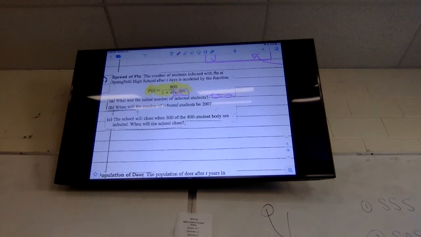So I can cross that out and think about my equation just being 800 divided by 1 plus 49, which is 800 divided by 50, which I believe is 16 students. So what they're saying based on this model is that on day 0, there were 16 students infected with the flu.